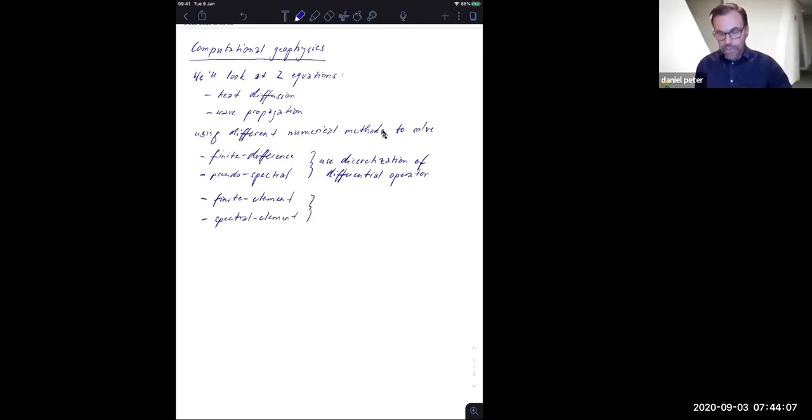And the difference here is that finite element methods use a so-called weak form of the equations, which is usually an integral of the quantities, and then we approximate these integrals numerically.